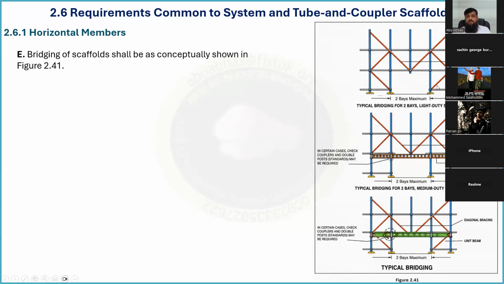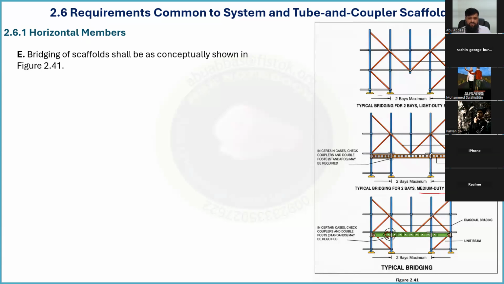So in a normal situation, if we have to give, you can see here we have some additional braces. So this brace, our diagonal, is pulling this one, and this is pulling this one, and we have a load bearing here. Okay? So we can have a 2-bay, maximum 2-bay. So here is a typical bridge for a 2-bay medium duty scaffold. Then we have to put a ledger. I think we can use them in this sense. We can use them even if they are not special scaffolds.